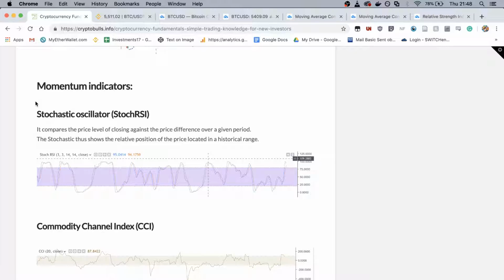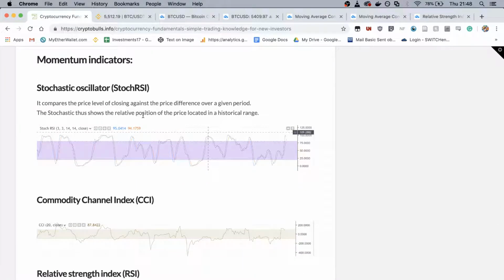Now the Stochastic Oscillator RSI, I enjoy this indicator a lot, and I'll probably talk about it more in the future. It's an indicator of how much stock or cryptocurrency has been bought or sold, and it helps you see if the stock has been overbought or oversold. And you can read a lot in this type of indicator.